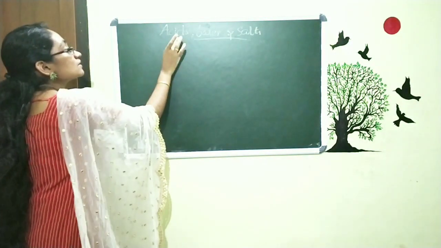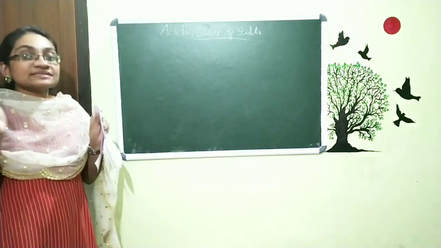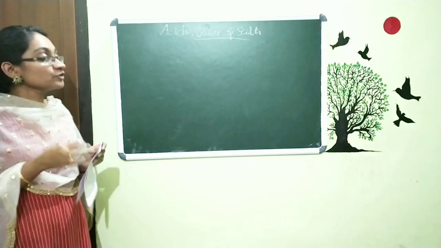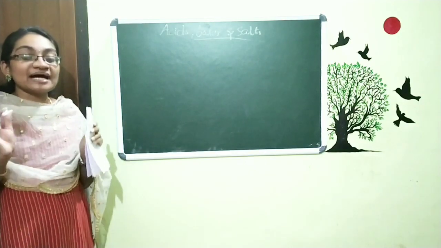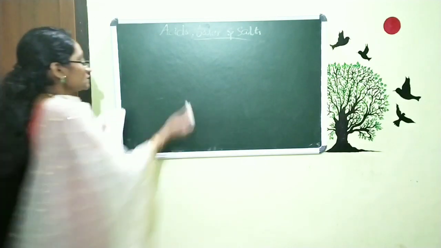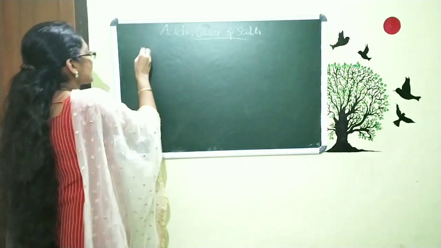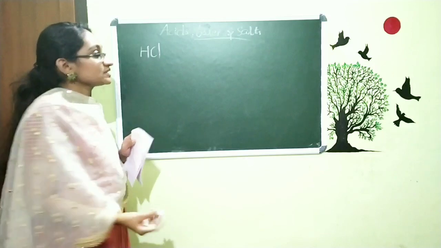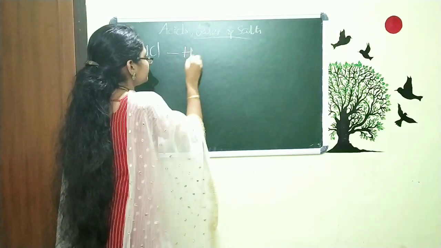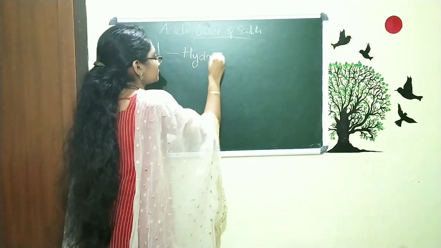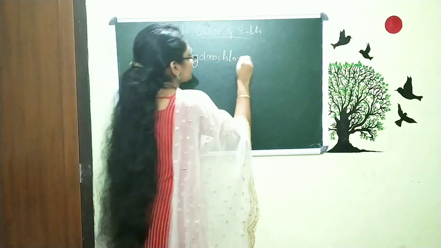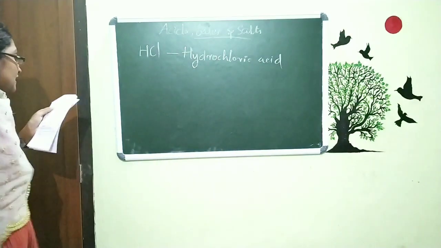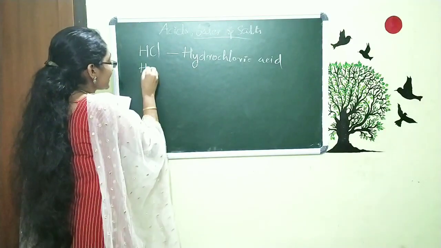In this area, I am just giving some of the acids, bases and their chemical formulas. You want to study the chemical formula and name of these. So the first one is HCl. What is this? Hydrochloric acid. The next one is H2SO4.